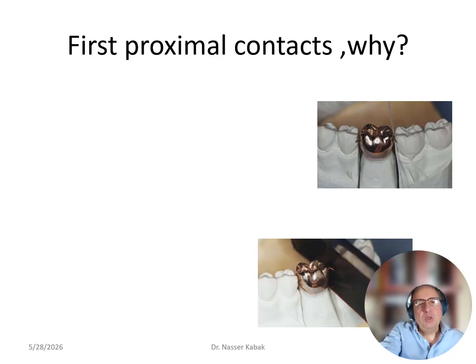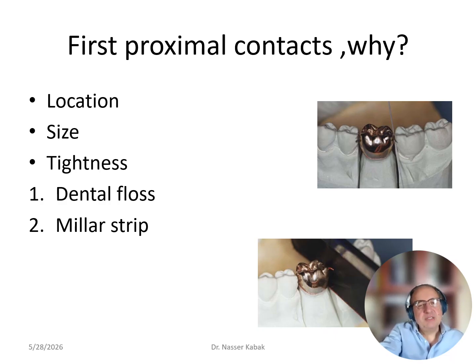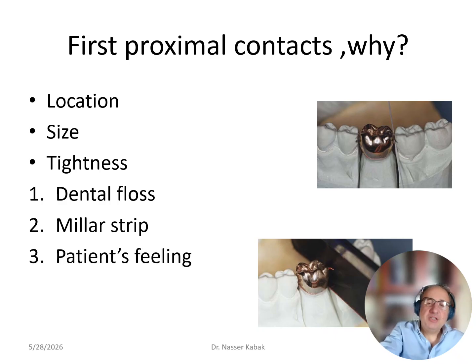So how we will check the contact areas, the place, the location, the size of the contact point, the tightness, all of these are important. And we will check them using either dental floss, as I have said previously, or with the Miller strip. The patient's feeling also is important. Sometimes they might tell you that there's a pressure between the restoration and the adjacent teeth, so you should check carefully.